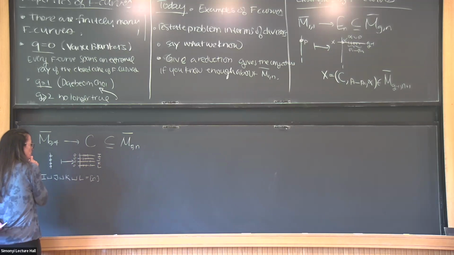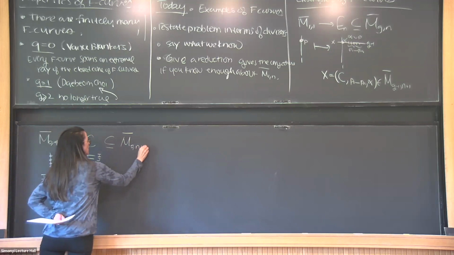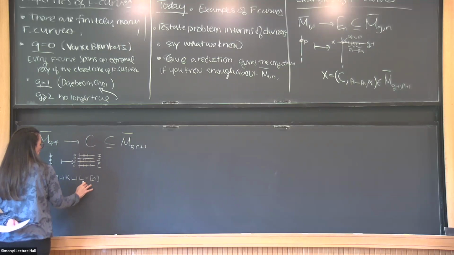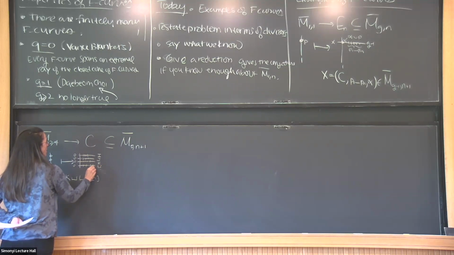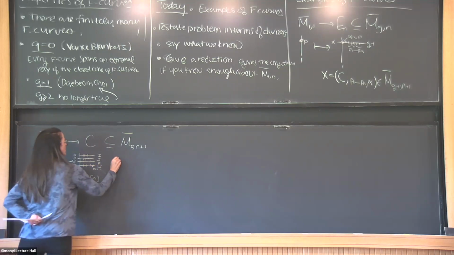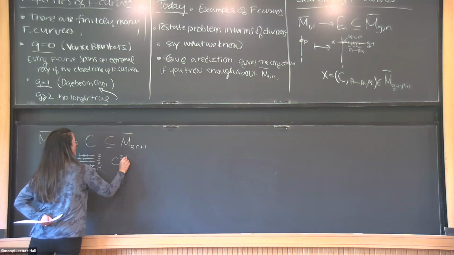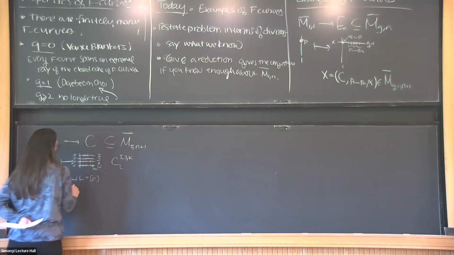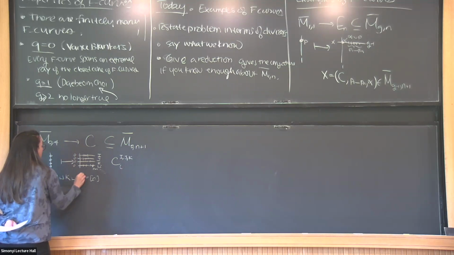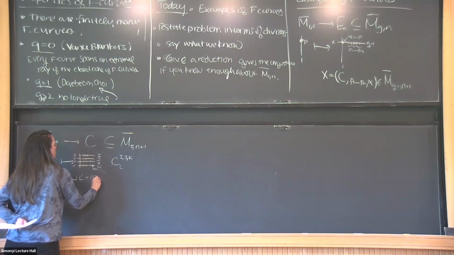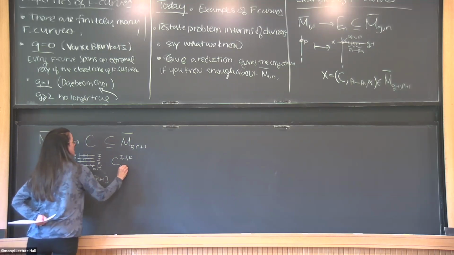Actually, for our purposes, we're going to be working with n plus 1. So what I want to do is fix one of them. I'm going to call it L prime, which has this extra n plus 1 point. I'm going to call this curve C_{I,J,K}, and then I'll put down here the rest. So really I have I union J, and this is just the complement.